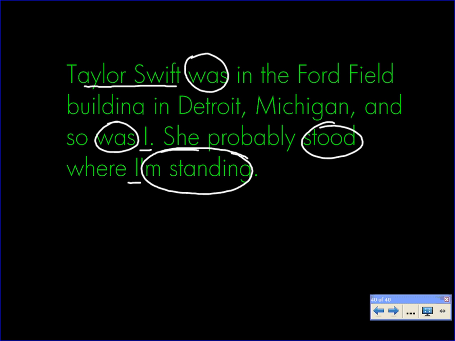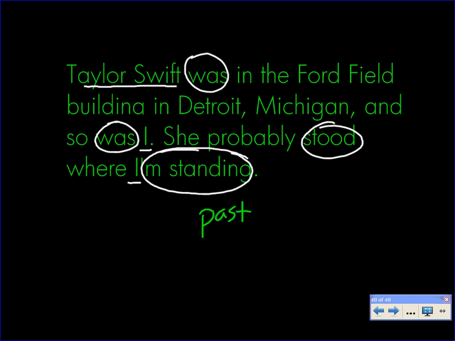Let's take a look at our tenses of those verbs. Bridget, what's the tense of your first verb, was? Past. Robin, what's the tense of the next verb, was? Nope, was is still past. Okay.